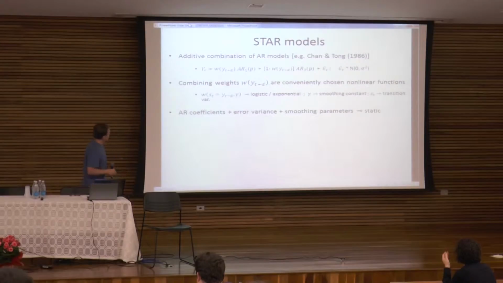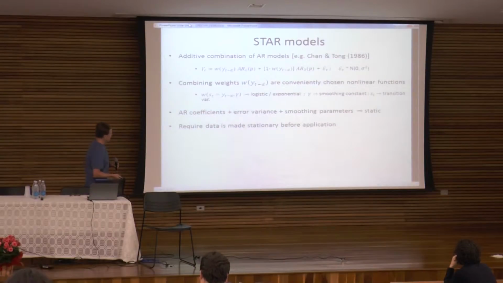In the STAR models, the autoregressive coefficients, the error variance and the smoothing parameters are all static. Gamma here is the smoothing parameter, which controls the degree of smoothness in the change of regimes at each time.